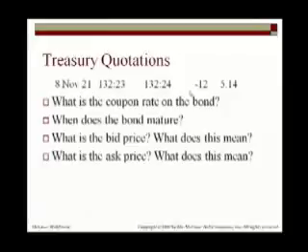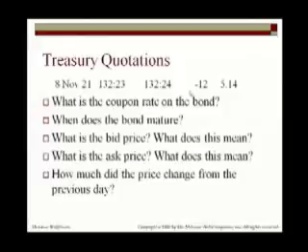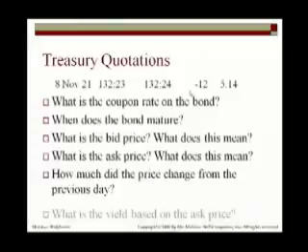The minus 12 says how much the bond price changed from the previous day. Well, from yesterday to today the price dropped by 12/32, and that's the ask price that dropped. And then the yield to maturity on this bond.